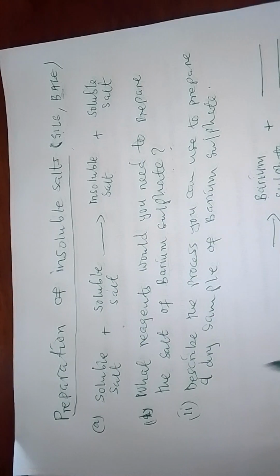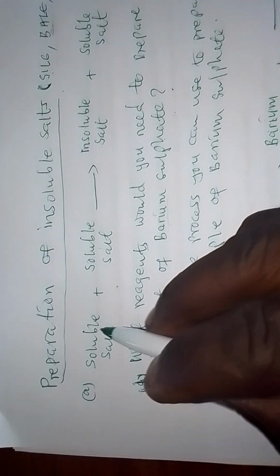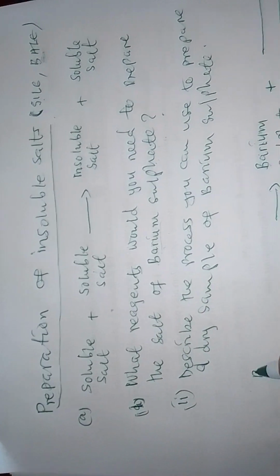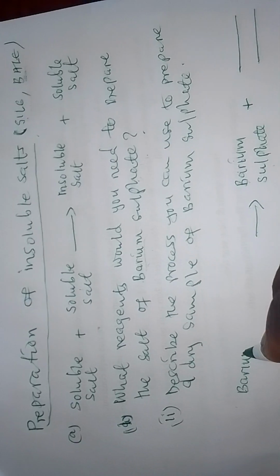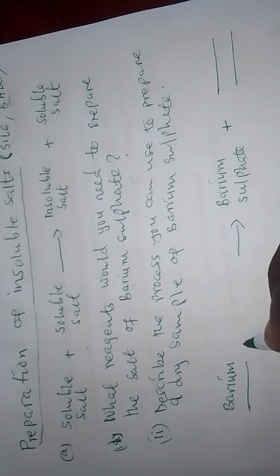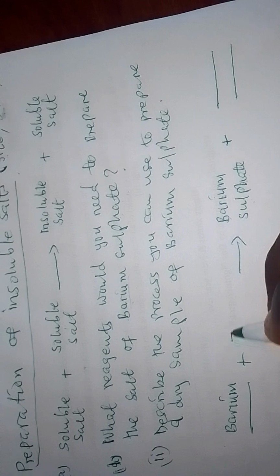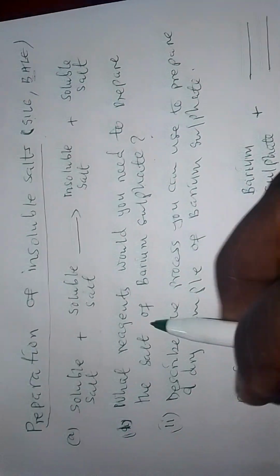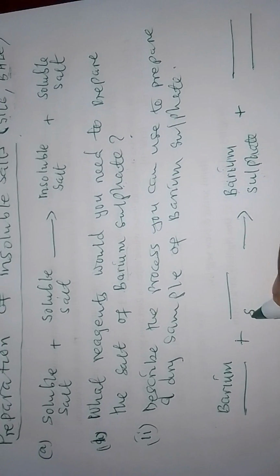The first one must be barium, plus we don't know, but the sulfate came from another soluble salt.